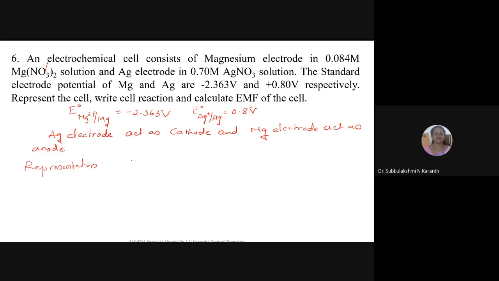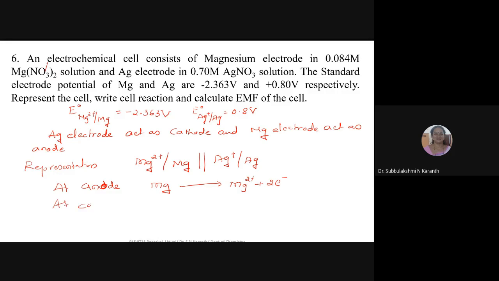Representation: first you have to write the anode, Mg2 plus bar Mg double bar Ag plus bar Ag. This is the cell representation. Now you have to write the cell reaction. While writing the cell reaction, first you write the half cell reactions. At anode, which is magnesium, Mg gives rise to Mg2 plus 2 electrons.